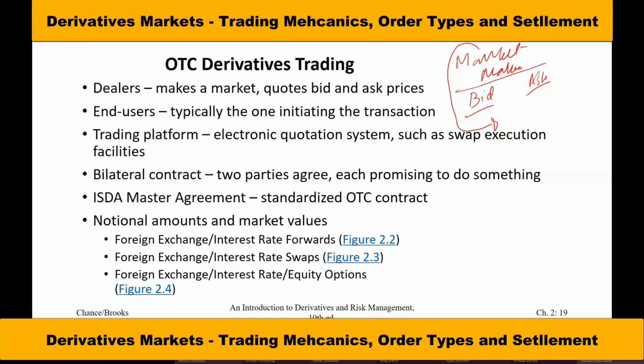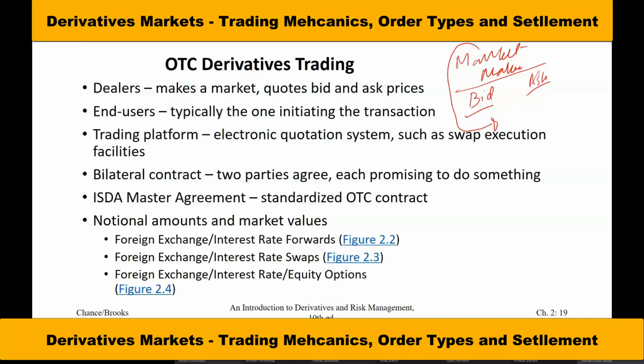That is a very important job for dealers. If I want to buy a swap, or if I want to enter into a swap, or buy a future, or buy a forward contract, or buy a call or a put contract in the OTC market, somebody needs to take the opposite side of the transaction.